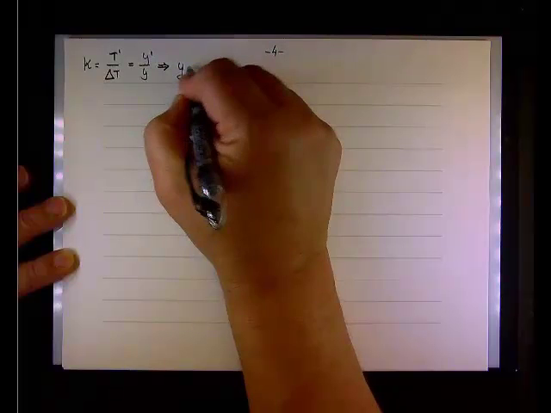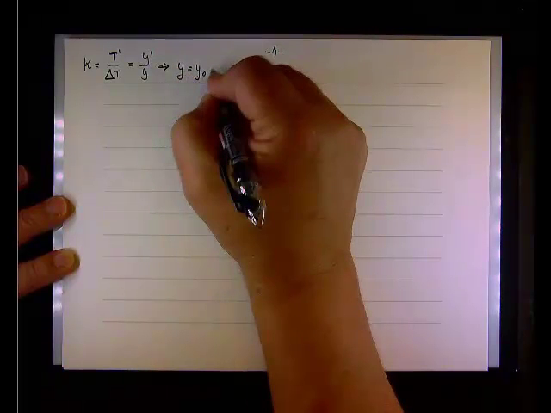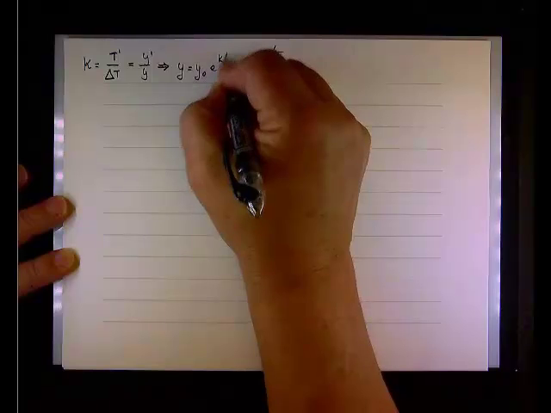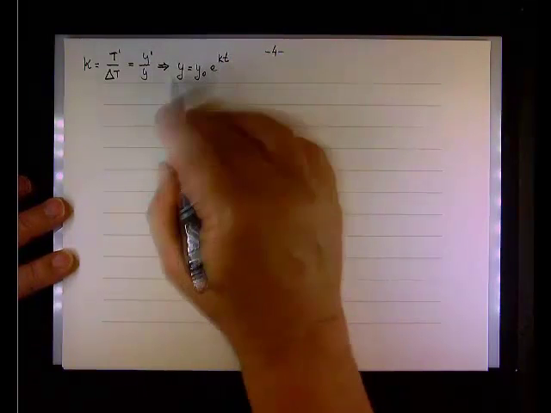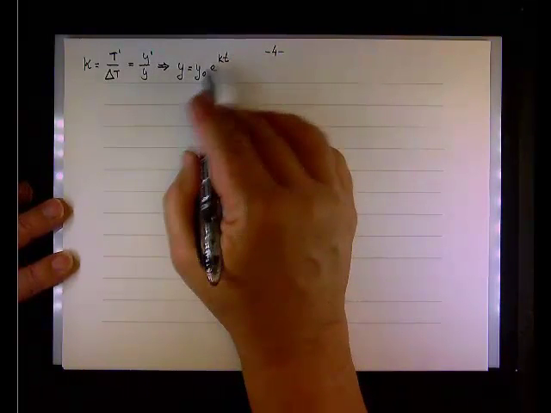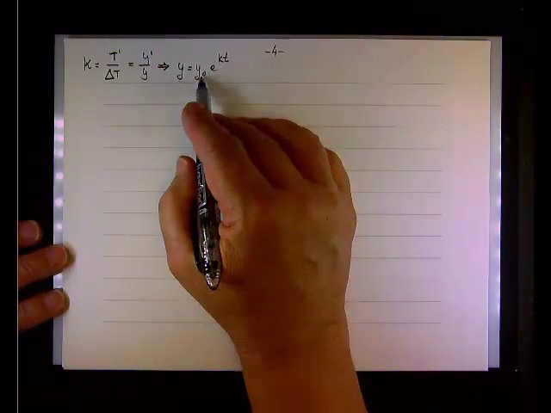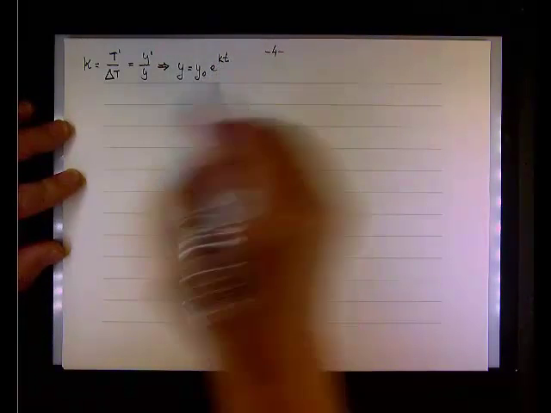The solution for y will be y equals y sub 0 e to the power of kt. And our task is to find all the different components, k, y sub 0, and so on.